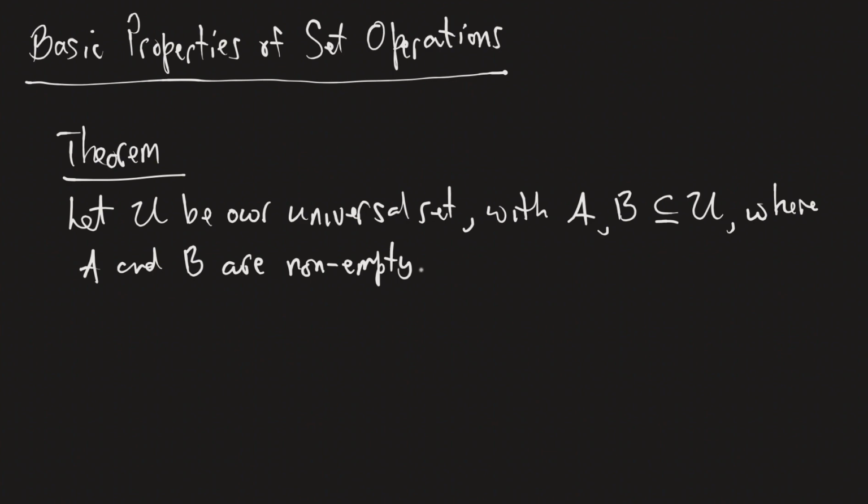In some cases, you can drop that requirement that they're non-empty because the empty set is technically a subset of all sets. But just to simplify some of the ideas that we're going to present, we're going to assume that we have a universal set, and then A and B are non-empty subsets of U, right?